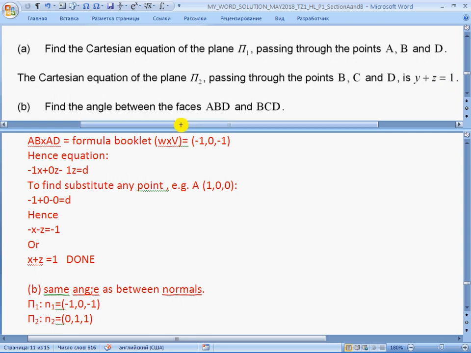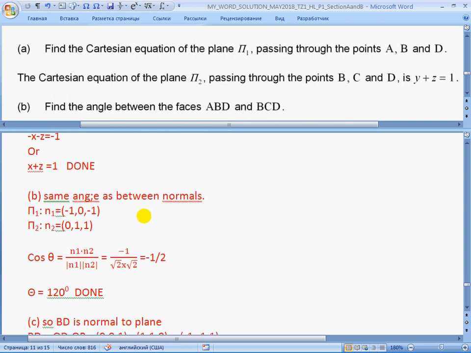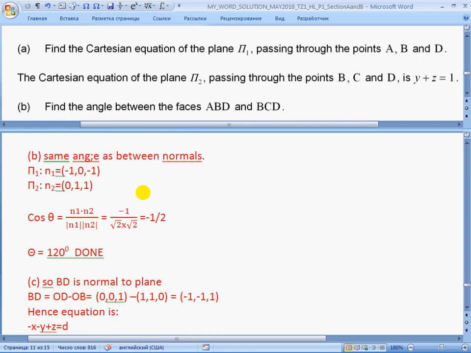Find the angle between the faces ABD and BCD. Here we will use the coordinates of the normal, because the angle between the normals to these planes will be equal to the angle between the planes.